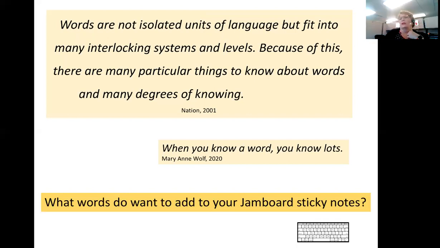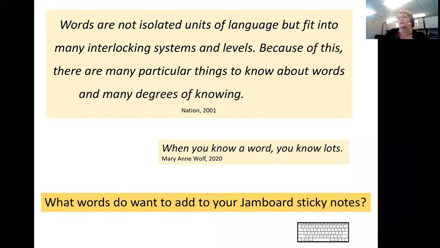So far we have multidimensional, foundational, interlocking system, meaning, receptive and expressive.